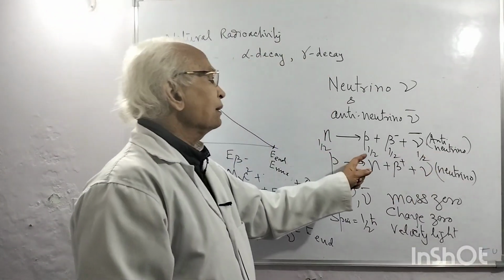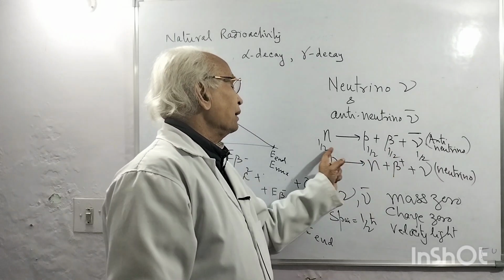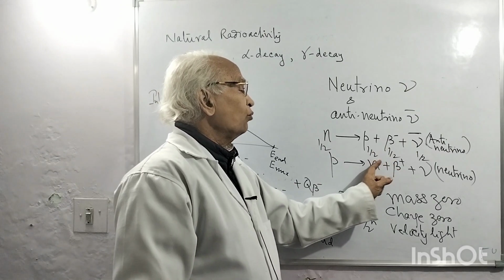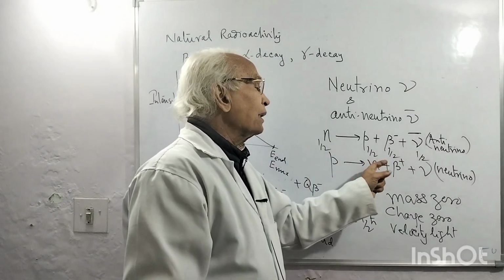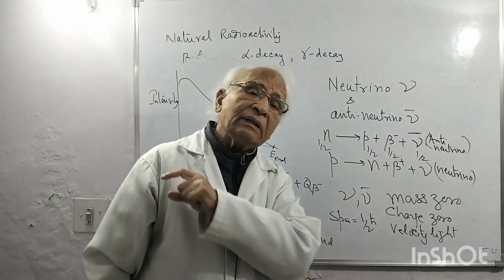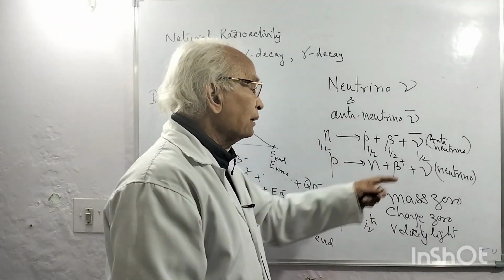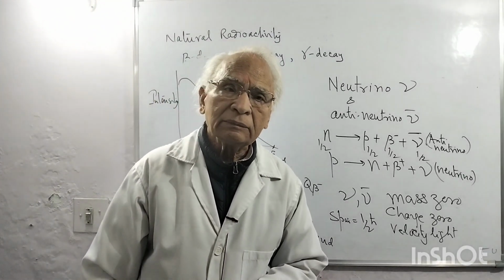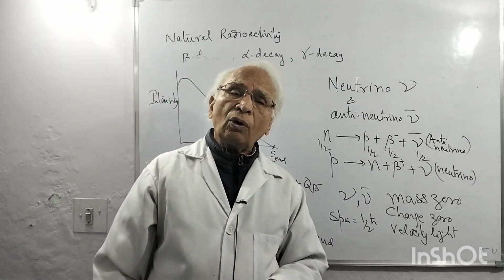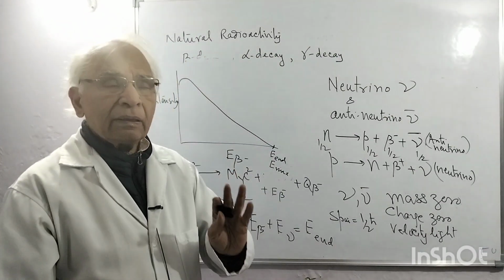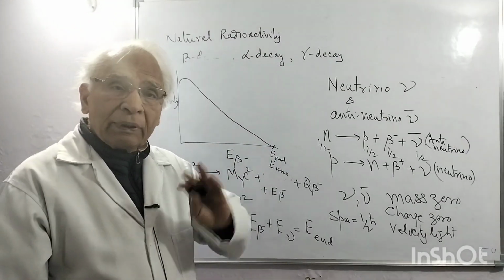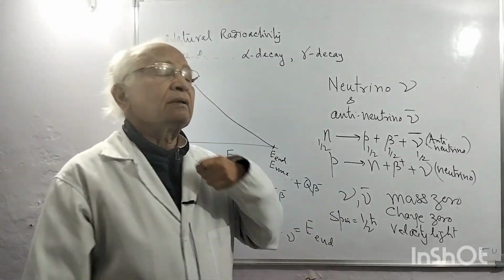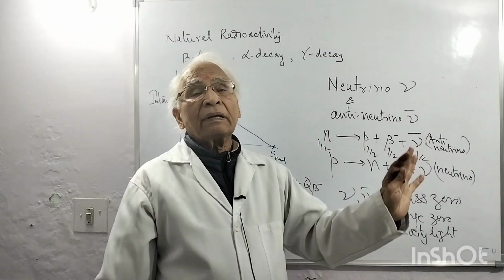Now it is possible that the result gives 0 and this half is conserved, or this gives 1, then 1 and half are opposite, so the result becomes half. So for the conservation of spin also, it was thought that neutrino or antineutrino must have half spin, just like electron. So neutrino and antineutrino have a property similar to electron, that is the spin.